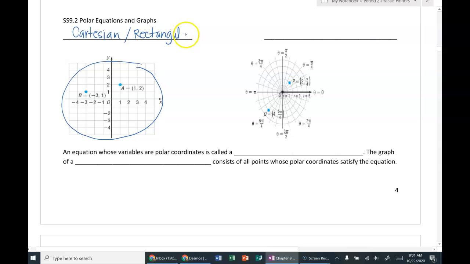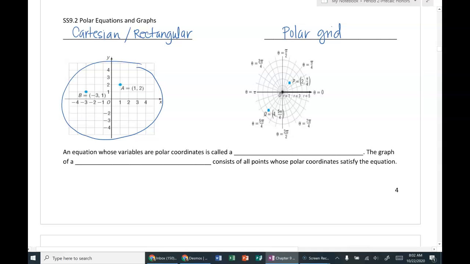So if I use the word Cartesian plane or rectangular plane, it's really talking about the x and the y coordinate that we have always used up until now. Now over here, when you have radius and when you have angles, this is what we call the polar plane or polar grid.